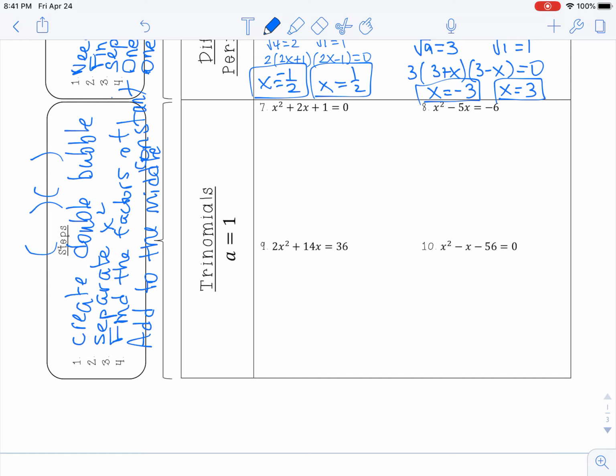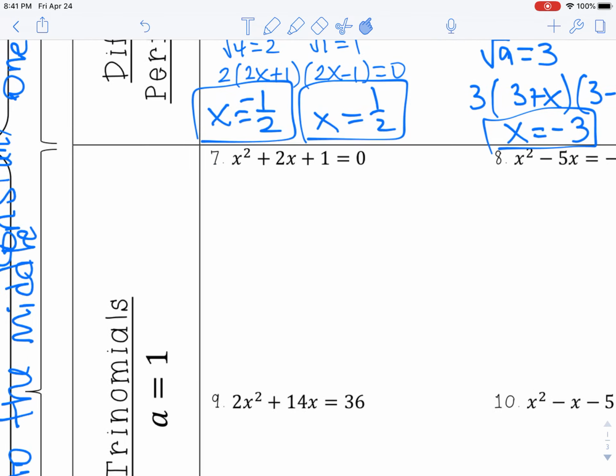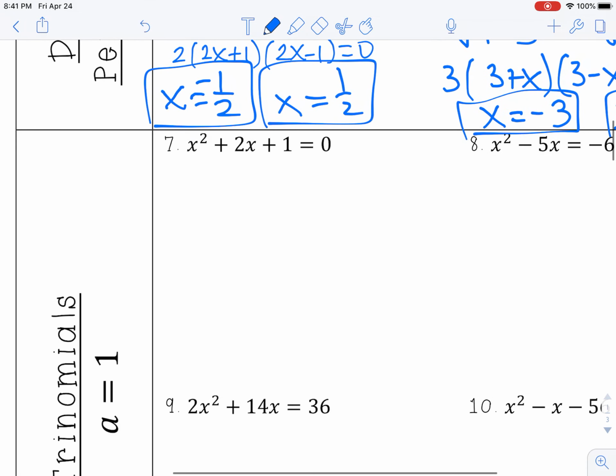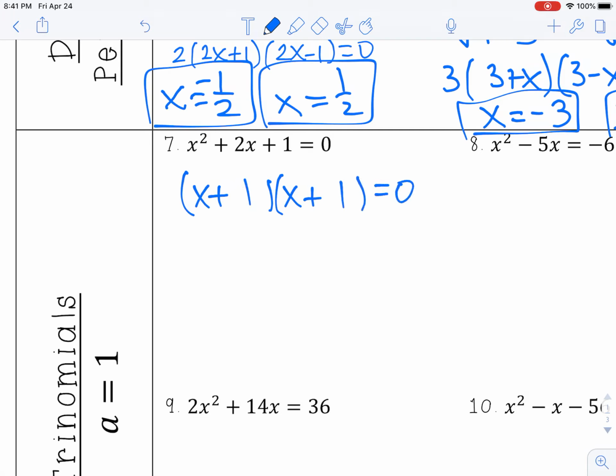So if you remember our factoring rules from before, hopefully you can just follow through with that. So these are both going to be pluses. Factors of 1 are 1 and 1. And set each of those equal to 0. You just get x equals -1.